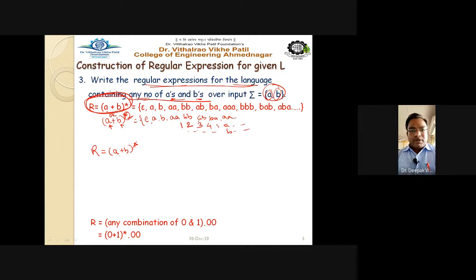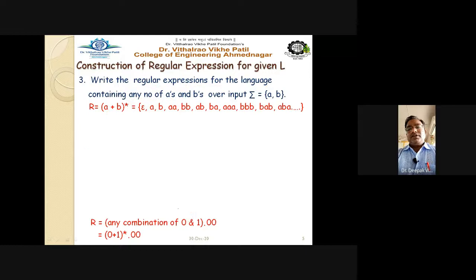And if you want to expand, if you want to find out the strings which are contained in this particular expression, the strings are written like this: sigma star equals epsilon, then a, then b, then aa, then bb, then ab, then ba, then triple a is also possible, triple b is also possible. So dot dot dot, you can have any number of combinations of a and b. Any number of a and b are present for this regular expression. So remember this: any number of combinations of a and b is the solution. The answer is this one: (a plus b) raised to star, right?